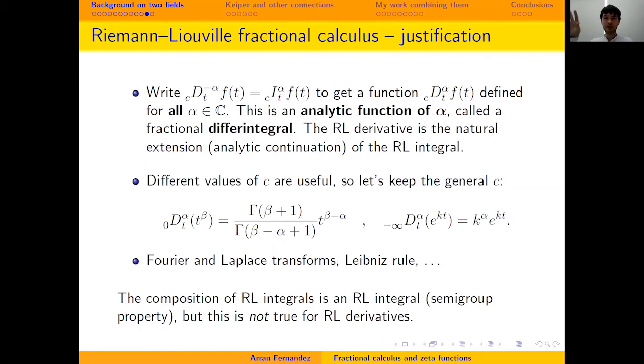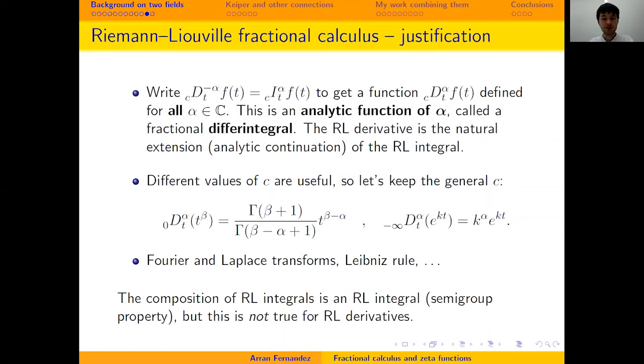If you take a fractional integral of a fractional integral, you get another fractional integral, but not for derivatives. If you take the 1/2 derivative of the 1/2 derivative of a function, you do not necessarily reach the first derivative. So that's an unexpected thing about fractional calculus. It's one of the properties that you lose by generalizing. Of course, as always, when you generalize, you gain some properties and you lose some properties.